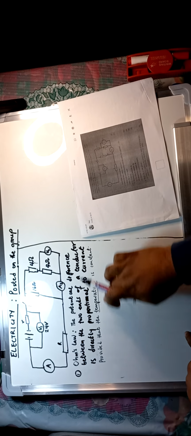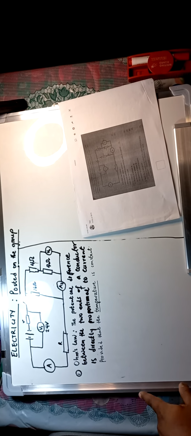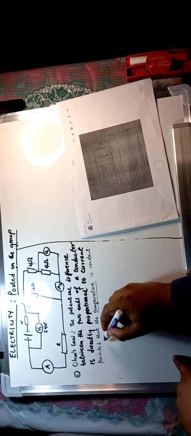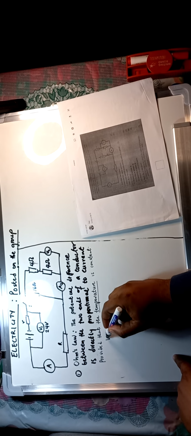So that's why we are making the temperature constant. And remember that phrase, include it anytime we're asked to define Ohm's law. And one thing we're supposed to know in Ohm's law, remember, we said V is equal to IR.